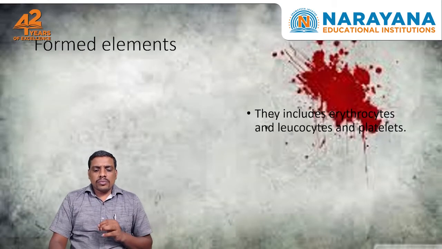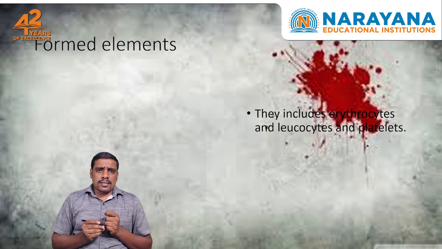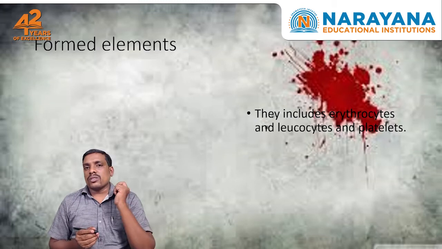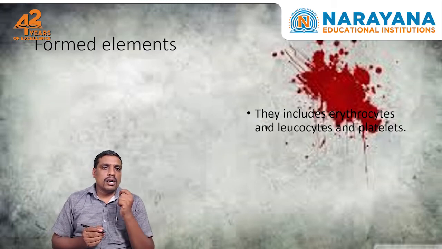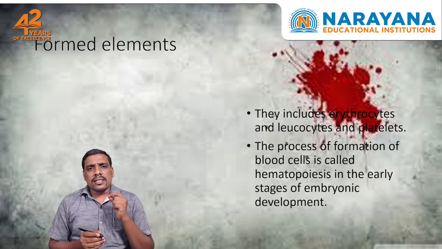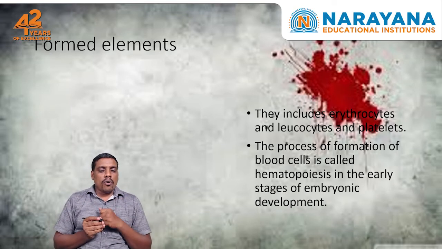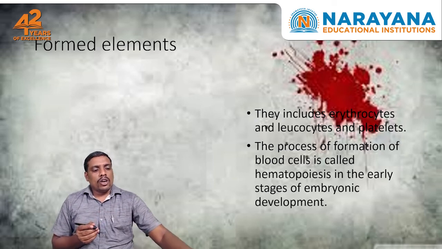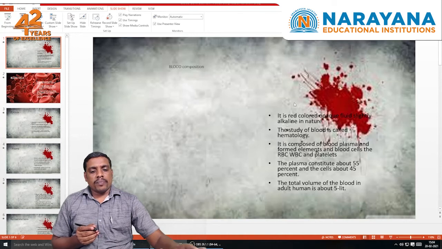Red blood cells are erythrocytes, white blood cells are leukocytes, and platelets are thrombocytes. The process of formation of blood cells is called hematopoiesis, occurring in early stages of embryonic development.